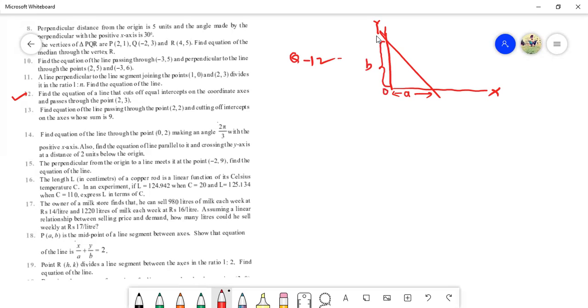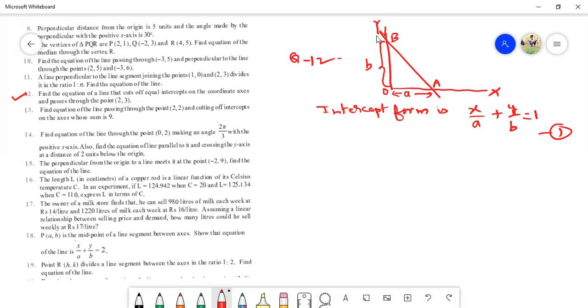Then the equation of a line is called the intercept form of a line. Here it is cutting at point a and point b: x upon a plus y upon b is equal to 1. This will be used here.